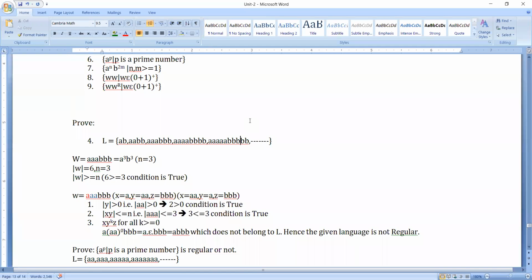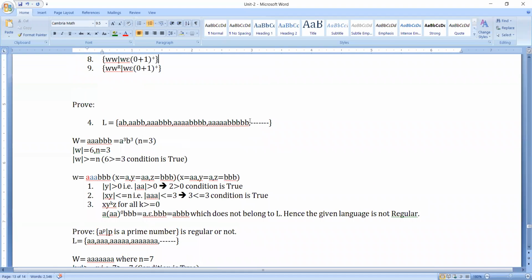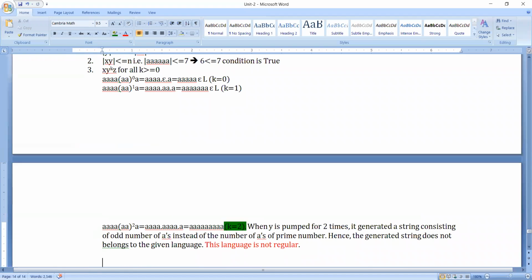Now let us take one more example, WW. For this exercise also we can apply our common sense and decide whether the given language is regular or not.